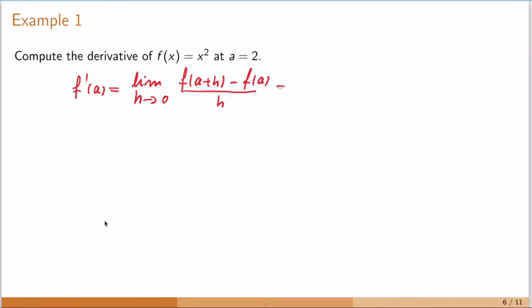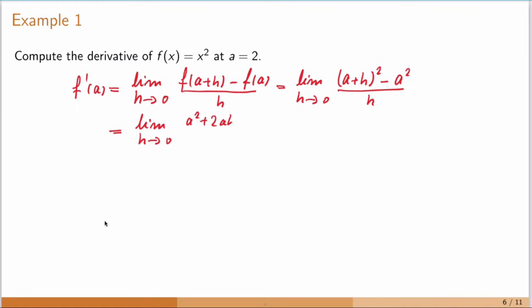And let me write down the transformed formula which we just had in the previous slide. And now I can sub in what f is. So then this is the limit as h goes to 0 of a plus h all squared minus a squared, divided by h. And so we can multiply the square out. So then this is the limit as h goes to 0 of a squared plus 2ah plus h squared minus a squared, divided by h. So there are two terms which cancel, which is the a squared and the minus a squared.